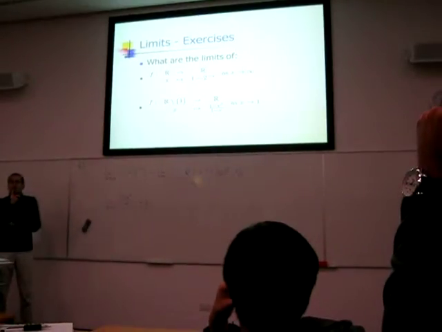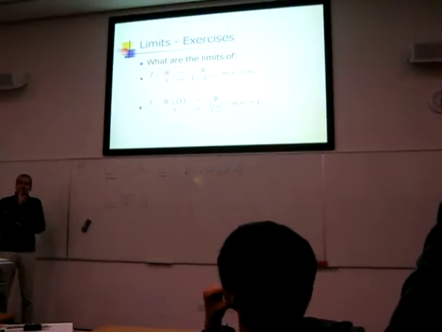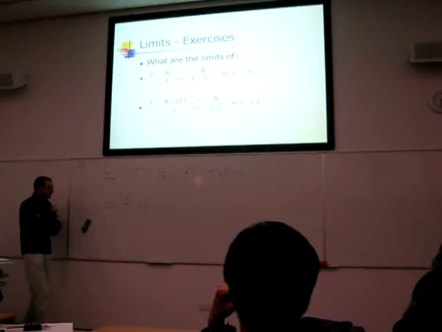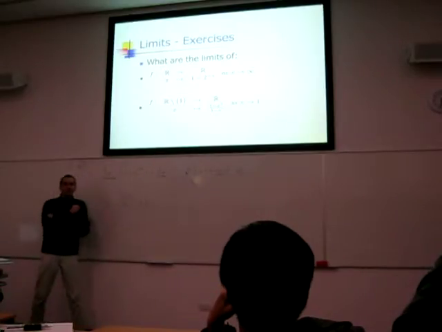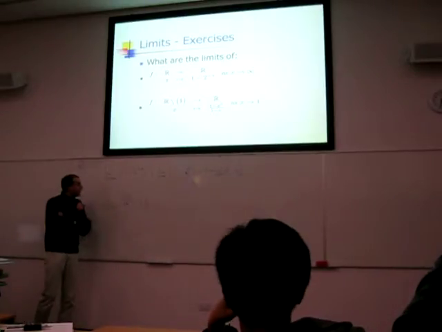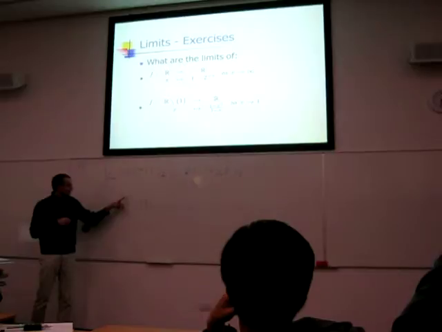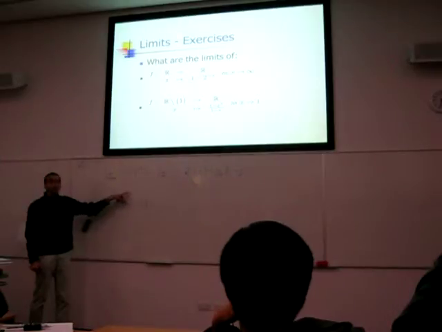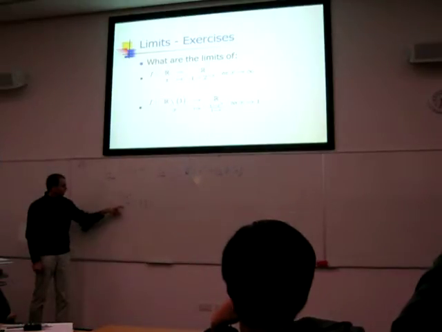Now, you must all have done long division or something at some point. You can do long division with polynomials as well. This is a polynomial. And what you actually find is that if you plug in 1, 1 minus 1 gives you 0, and obviously 1 minus 1 here gives 0.